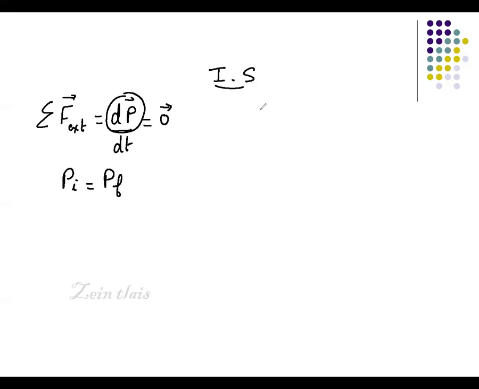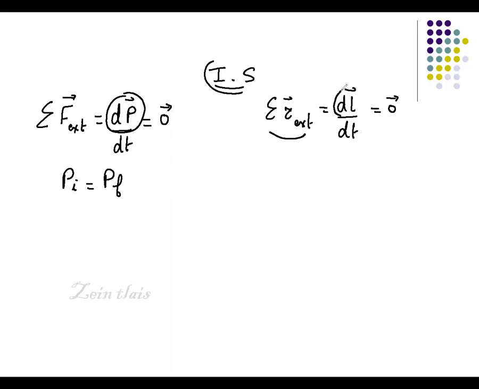Okay? The same, we can say the summation of tau external, which is equal to dL divided by dt. If the summation of tau external equals 0, in this case, we have an isolated system.